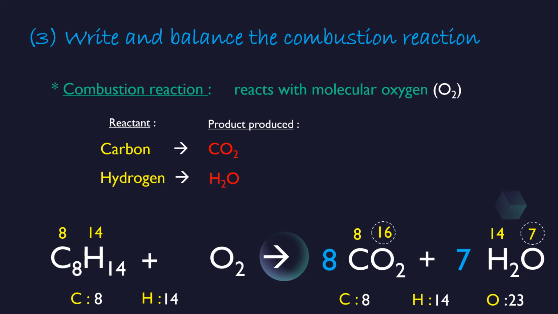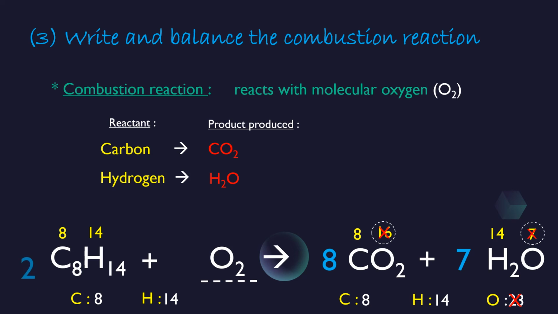Since 23 is an odd number on the right side, and the left side will give an even number because of the two atoms from the molecular oxygen, this will create an unbalanced equation. So we need to multiply all the coefficients on the left and right side of the equation by 2, or by doubling the current coefficients in order to balance this out.